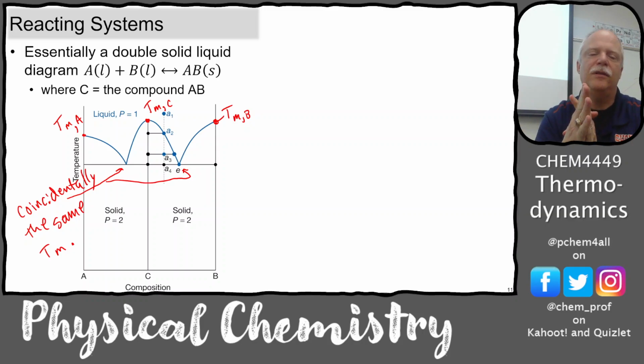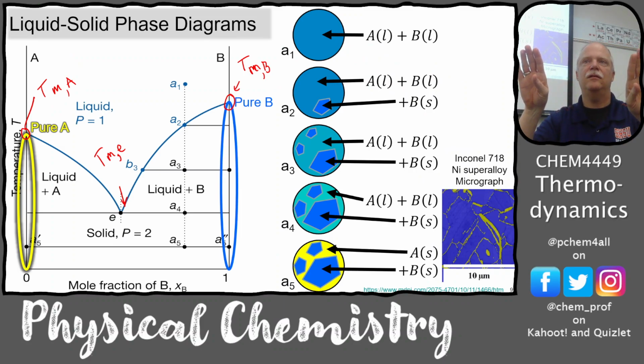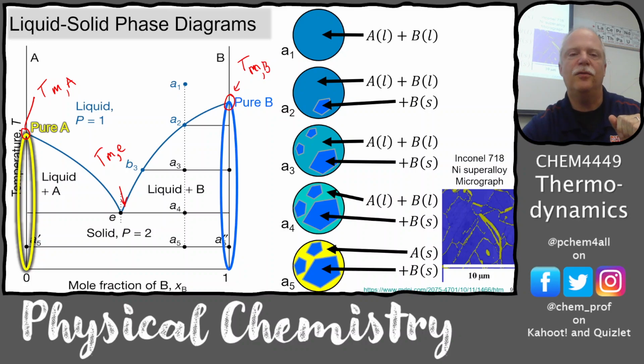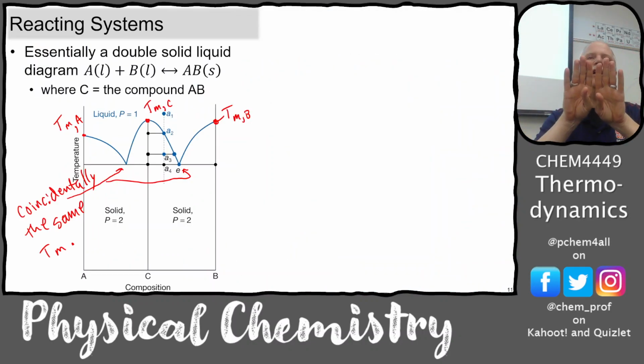Notice this third substance has kind of split our phase diagram into two. So if you understand this one right here, then all you do is just double it. That's it. So for reacting systems, it's not bad. You get over here and you look at it, it's really just two phase diagrams side by side. Only when you get to this two-phase region where you have two solids, like if you happen to be right here, you draw your tie lines until you hit a vertical wall.